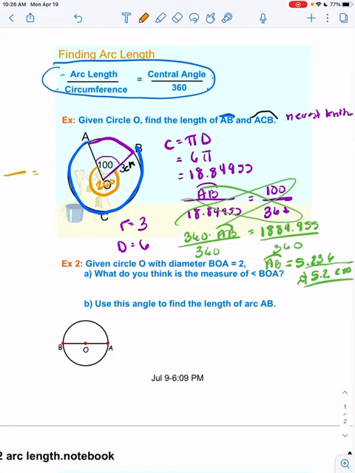So this proportion should be arc ACB over the same circumference, that didn't change, equals 260 over 360, right? So the arc changed, the central angle changed, but the circumference stayed the same. And again, we cross multiply.